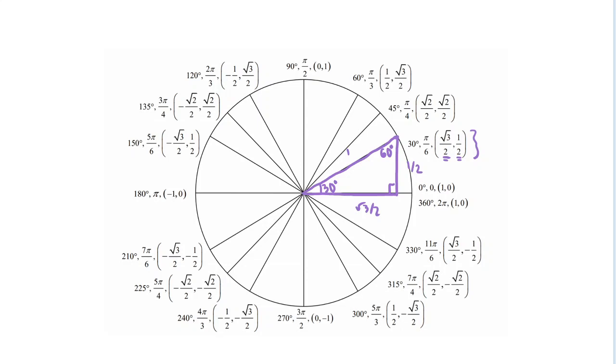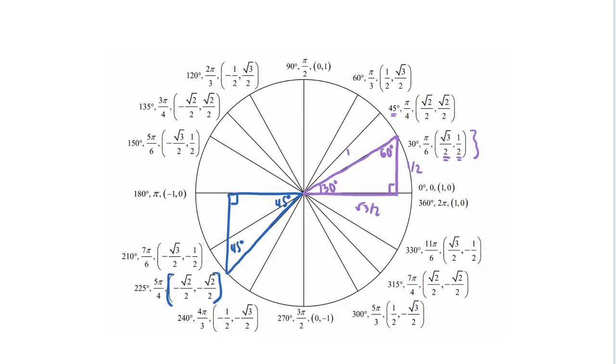And then we did the same thing for 45 degrees, but we did that here for this example of 5 pi over 4. So we were able to see that there's a 45 degree angle here, a 45 degree angle here, and we got that the coordinates were negative the square root of 2 over 2, negative the square root of 2 over 2.